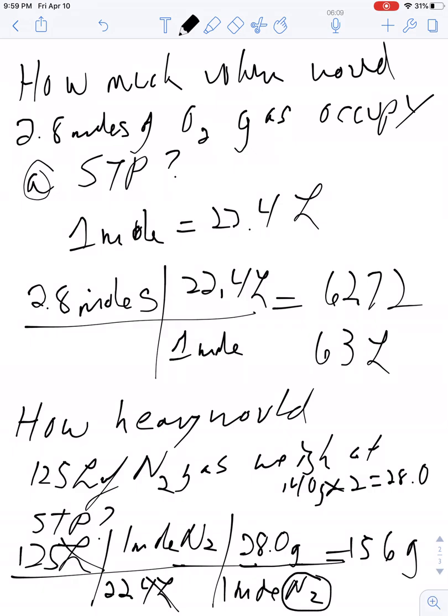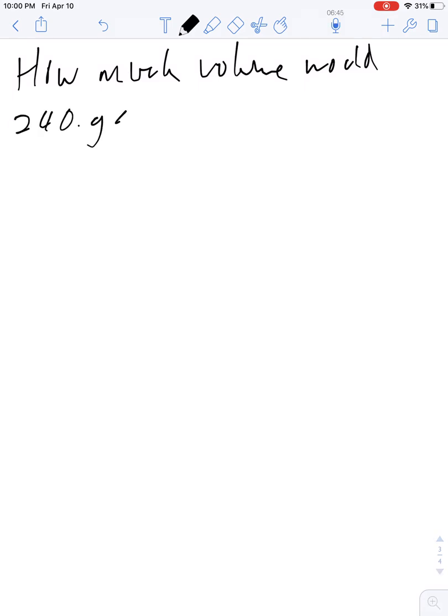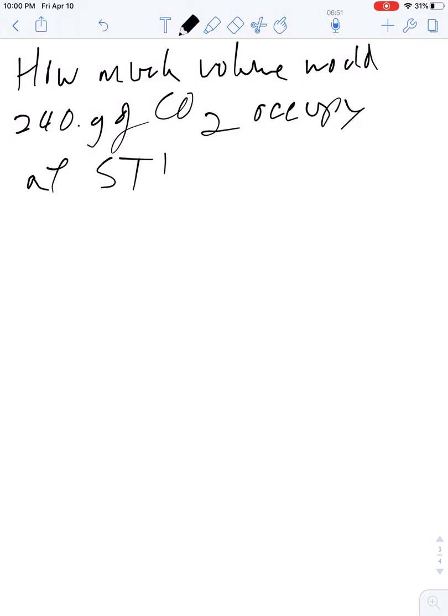This would be helpful if you're trying to figure out how heavy a fire extinguisher would weigh with compressed carbon dioxide. Let's do one more example of this. Let's go backwards again and say, how much volume would 240 grams of carbon dioxide occupy at STP?